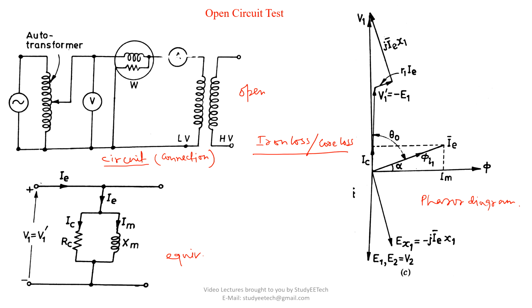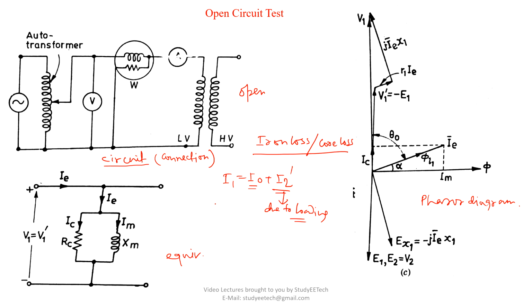When you connect a load in the secondary, the transformer draws two currents: I1 equal to I0 plus I2 dash, and this is due to loading. If I do not load the transformer, it will only draw the no load current I0.